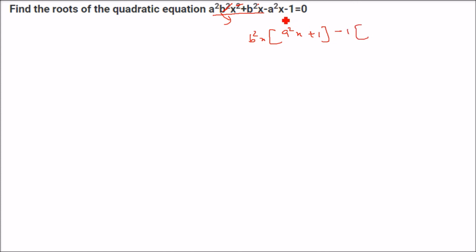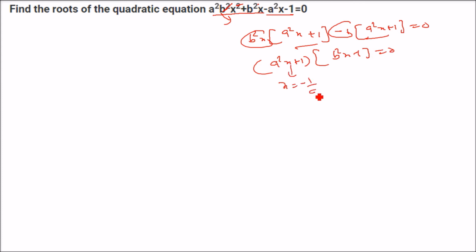Now I'm taking minus 1 common from here. What will remain? If I take minus out, it will be a square x plus 1. Now I'm taking a square x plus 1 common here. What do you get? b square x minus 1 inside.